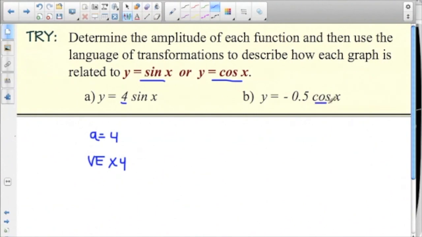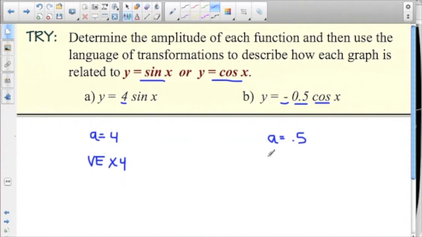Now we're looking at the cos, so this guy. Actually, I'll deal with the A first. The amplitude is this number, 0.5, or half. Okay, no negative sign. Watch out, because remember, amplitude is the distance from the center up to the top, and distance is always positive.